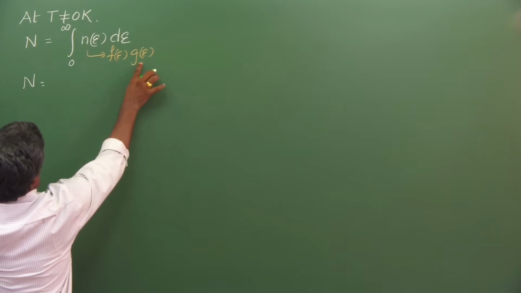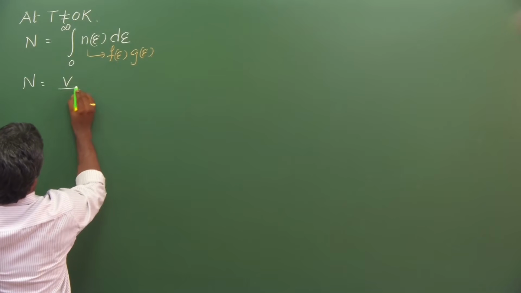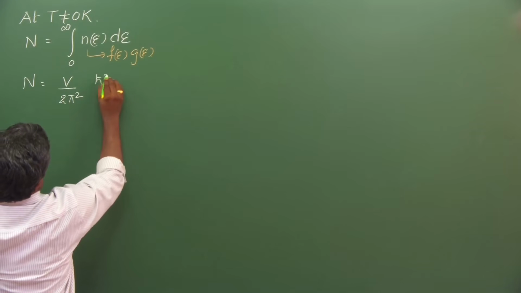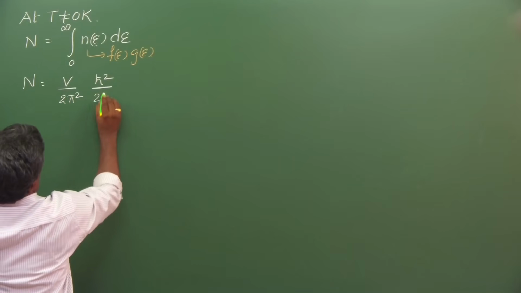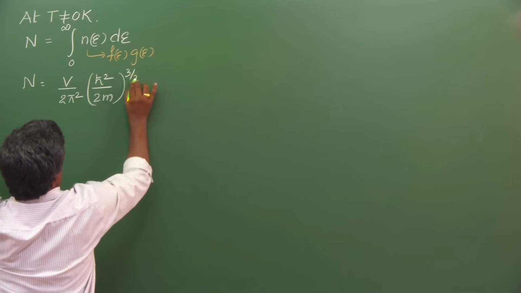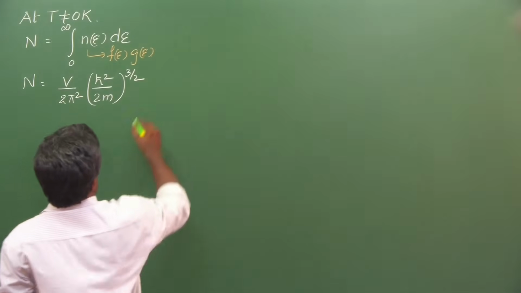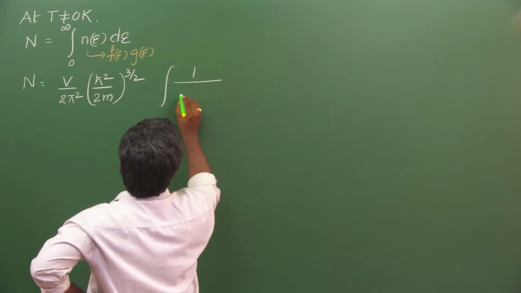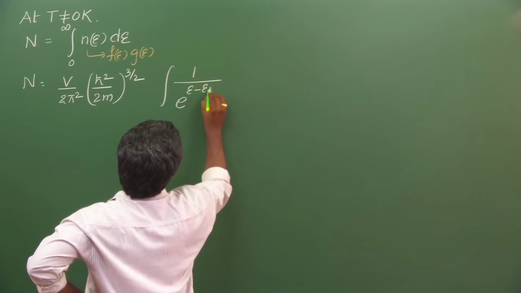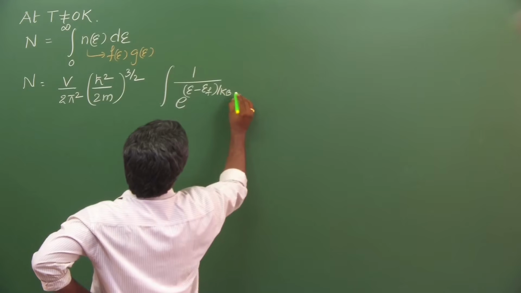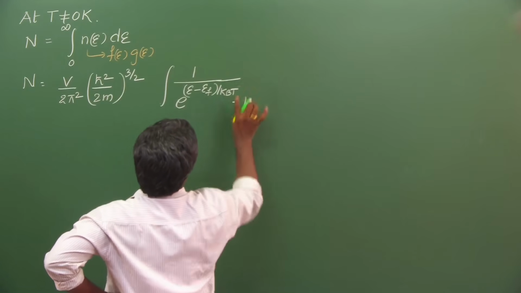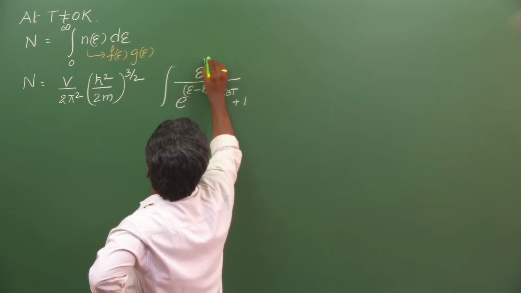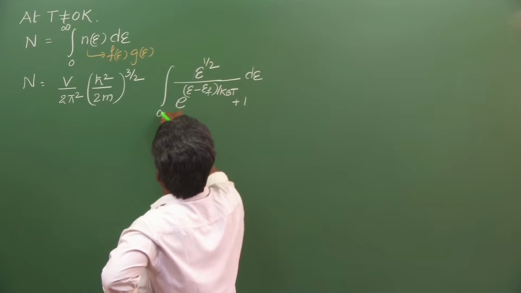So I am writing the density of states: V by 2 pi squared into 2m by h cross squared whole power 3 by 2. First write the constants outside. Now the integral. This distribution function you know: 1 by e raised to (E minus EF) by kBT plus 1, and in the density of states you have E power 1 by 2.